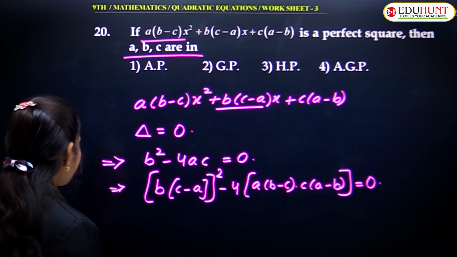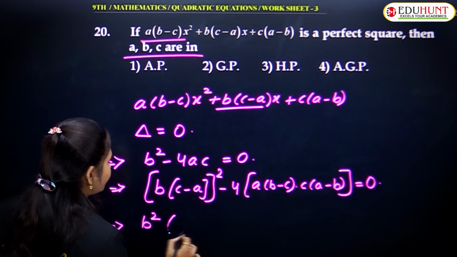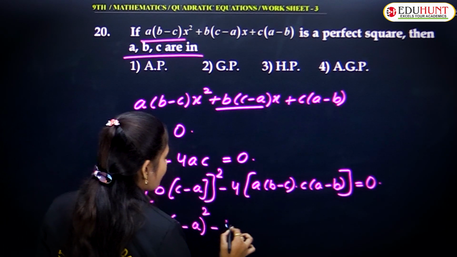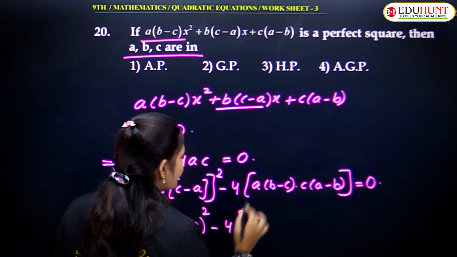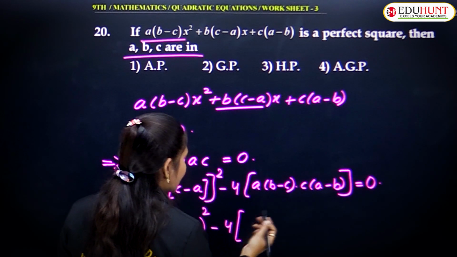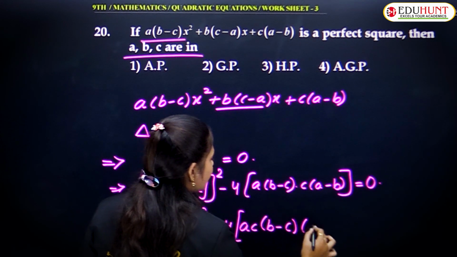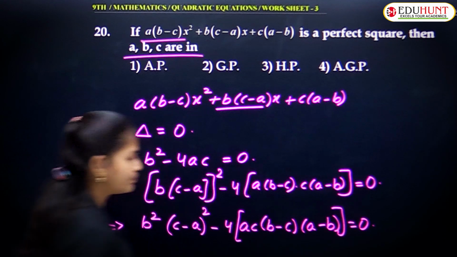Clear? So from this, here B square into (C minus A) whole square minus 4 into, here we can simplify this. A into C is AC, into (B minus C) into (A minus B), which is equal to 0.